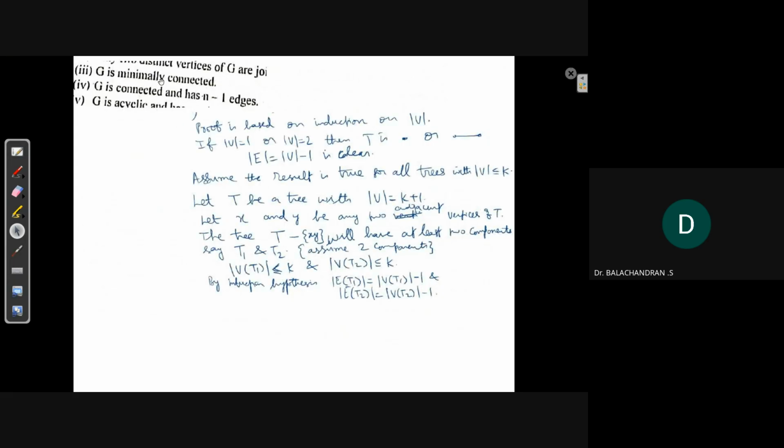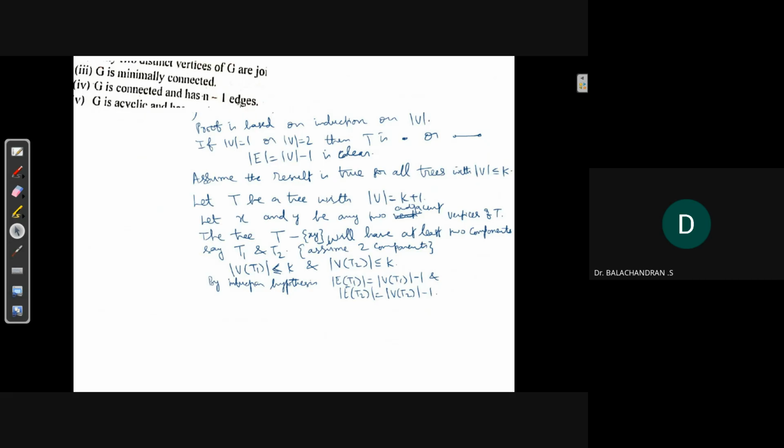Next, 3 implies 4. 3 is G is minimally connected. You should assume this, and then you need to prove G is connected and has n minus 1 edges.